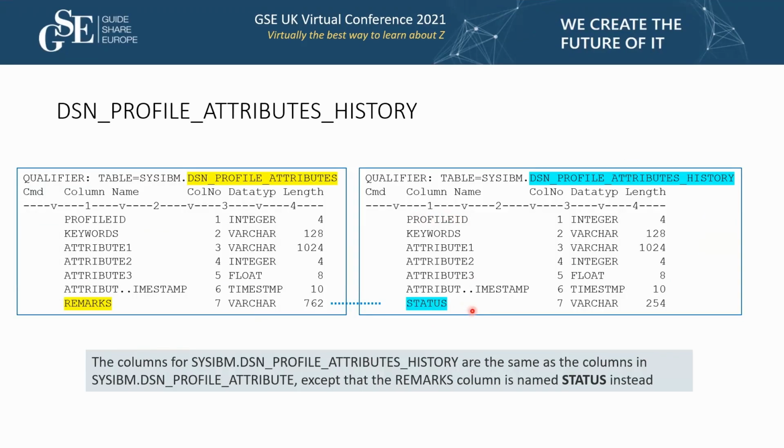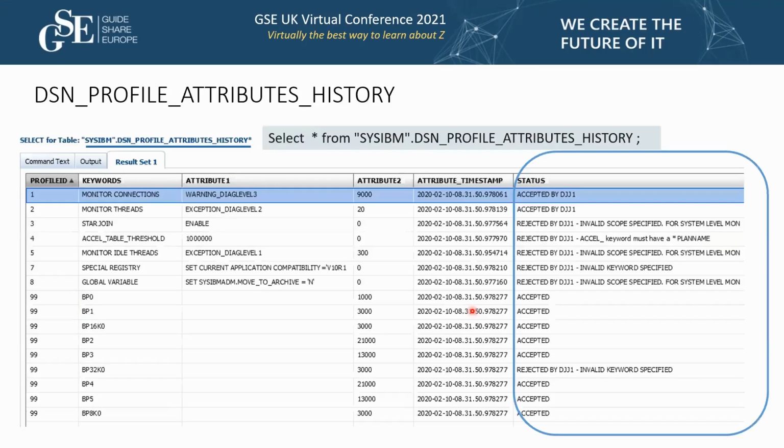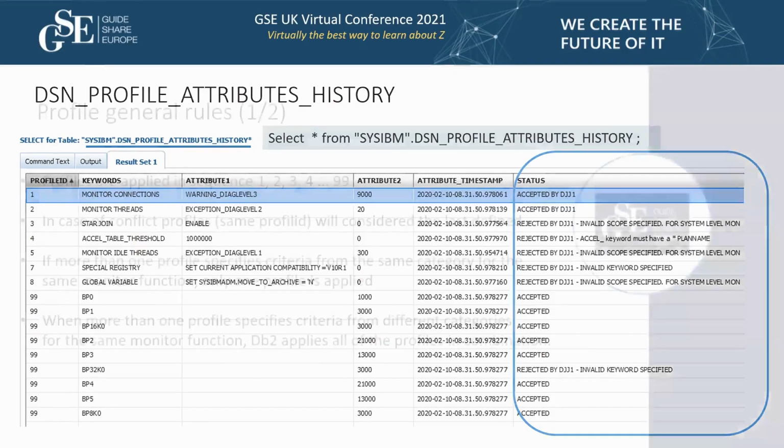And again, in the status column, we can have the reason why your Db2 profile has been rejected, or the history when your Db2 profile has been accepted, with for every attribute, your profile ID, your keywords, your trigger value, and so on. So you have the history.